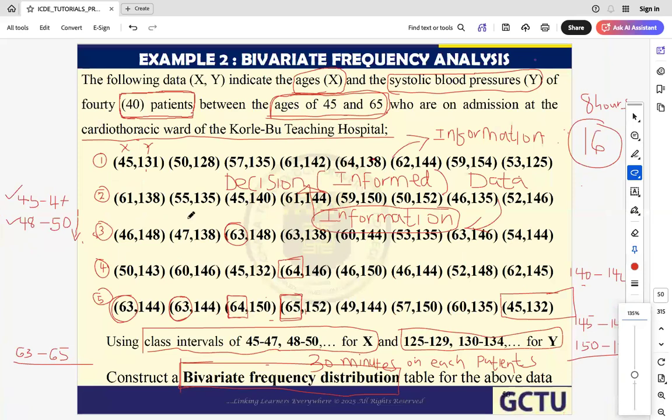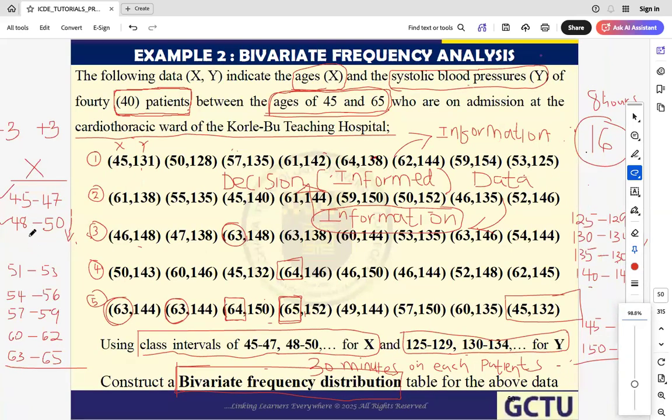So with that understanding, it means that this is how your class intervals is going to be for X. You add 3 to 48, and then that gives you 51. You add 3 to 50, you have 53. You keep going. We want 65 now. You add 3 to 51, you have 54.